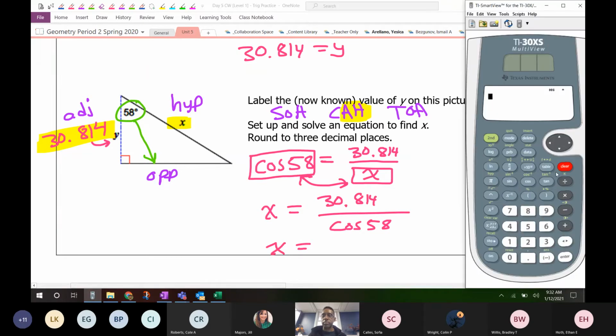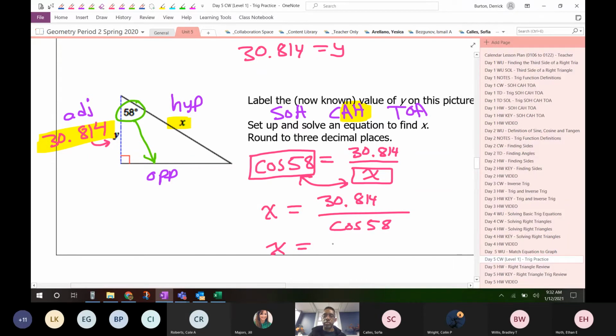Calculator time. So we get 58.148. And that is how you find x.